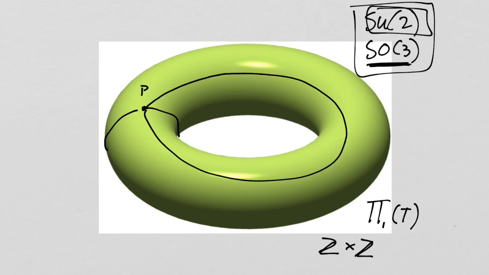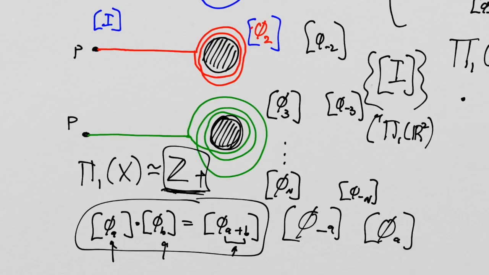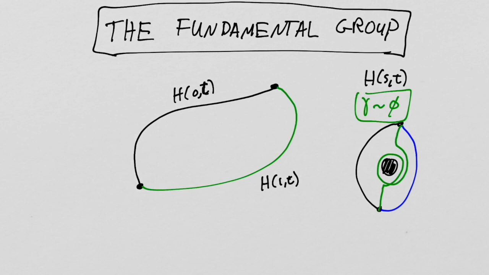We're going to have a look at that, and we're going to see if we can figure out the fundamental group of these two groups. Because remember, SU2 and SO3 are topological spaces, right?